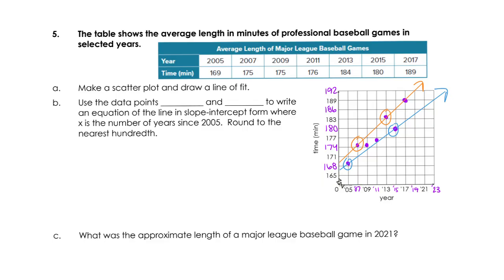I'm looking for a line that goes through the middle of the data, touches as many as possible, but then has an even amount of points above the line and below the line. So I am going to erase the orange and the blue. And then if I line my ruler up, I'm just going to kind of test my ruler here.